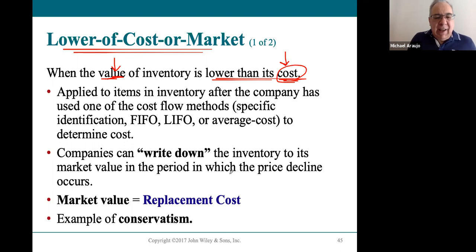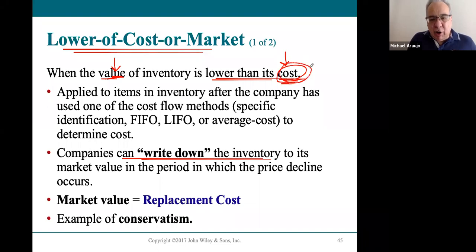So basically, companies on occasion need to write down the value of that inventory because the value has changed dramatically. Okay. So what do they look at? Well, they certainly look at what they paid.